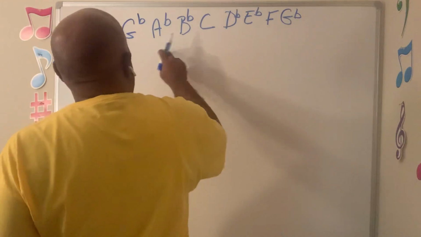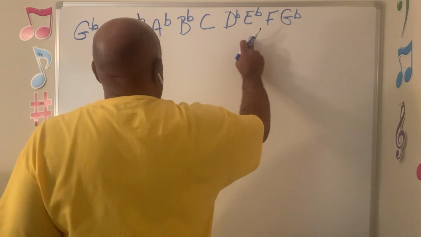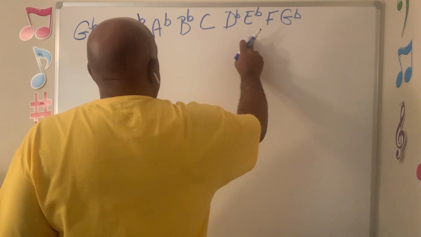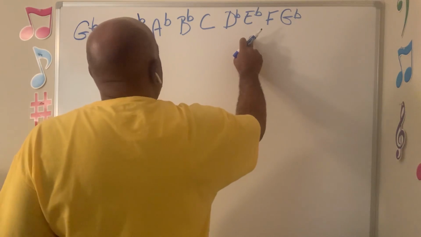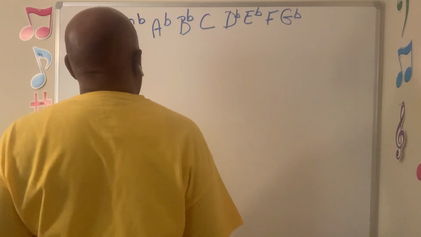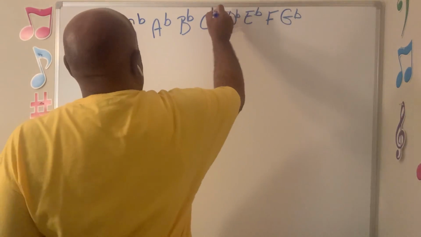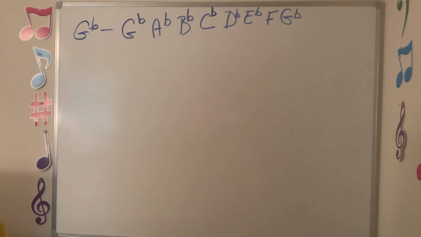Let's see, 1, 2, 3, 4, 5. I'm missing something. I'm missing a flat. Which one am I missing? I'm missing C flat, because I only had 5 flats.